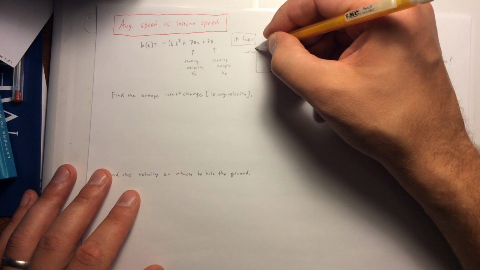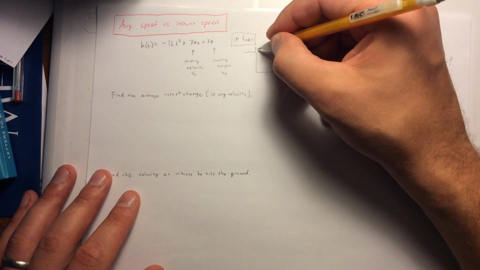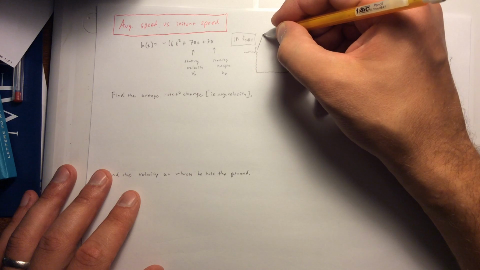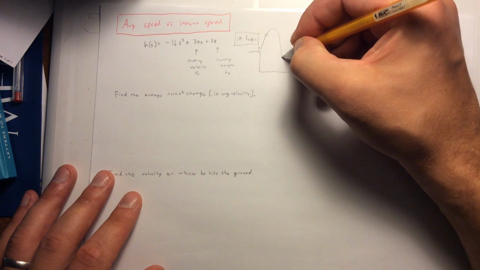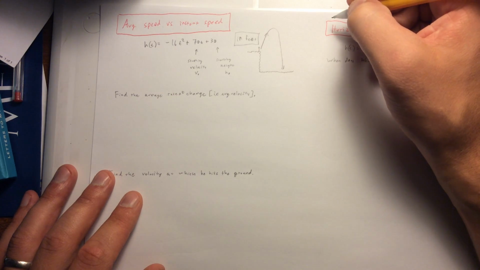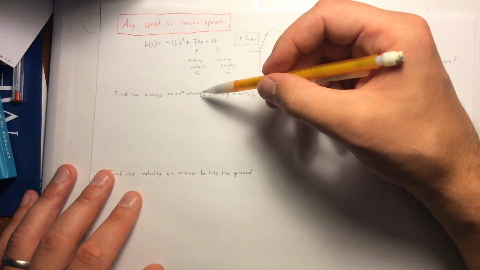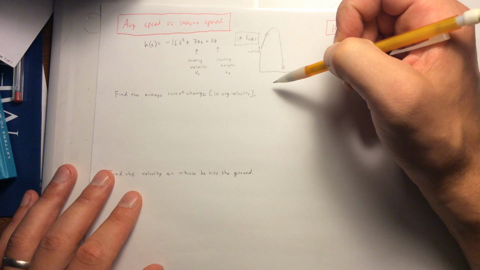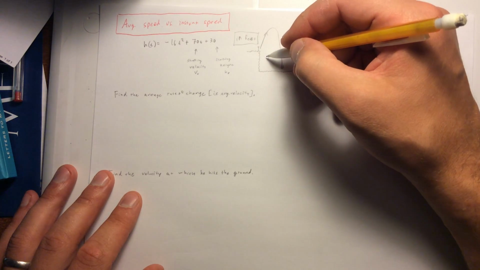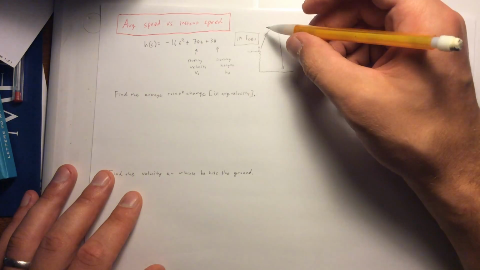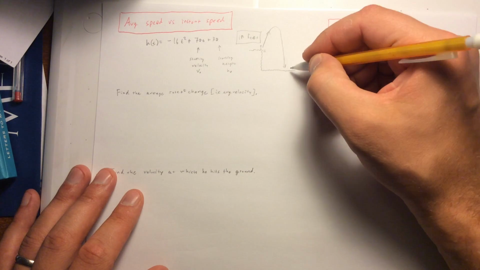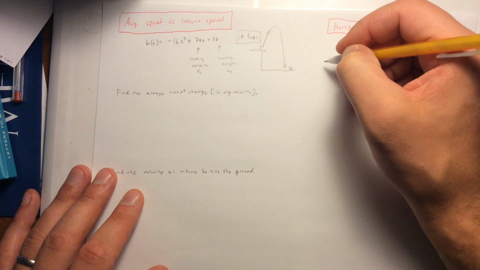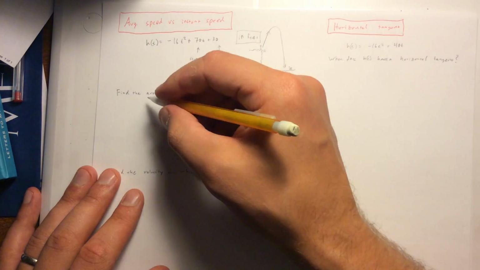So we're going to launch Ben up in the air. 70 feet per second. He's going to go up, and he's eventually going to come down. We want to find his average rate of change, also known as his average velocity. Well, average velocity is just how long it took him to go from point A to point B. That's just slope.